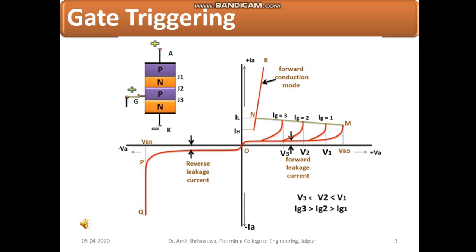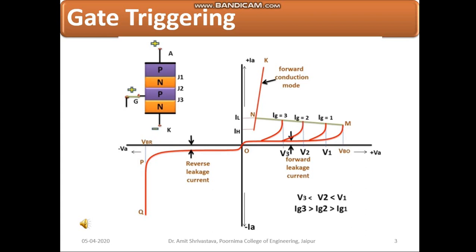In this method, the forward voltage at which the device switches to on state depends upon the magnitude of gate current. Higher the gate current, lower is the forward breakover voltage. When positive gate current is applied, the gate P layer is flooded with electrons from the cathode. This is because the cathode N layer is heavily doped compared to the gate P layer. As the thyristor is forward biased, some of the electrons reach junction J2.